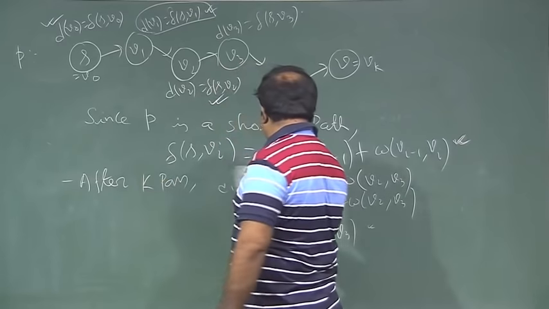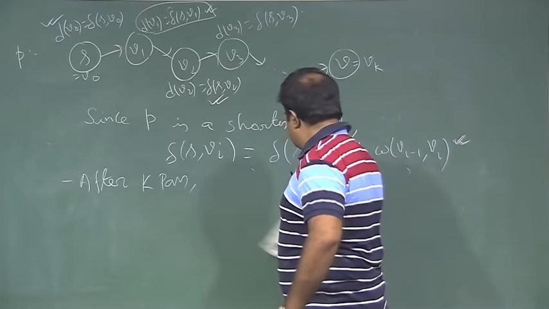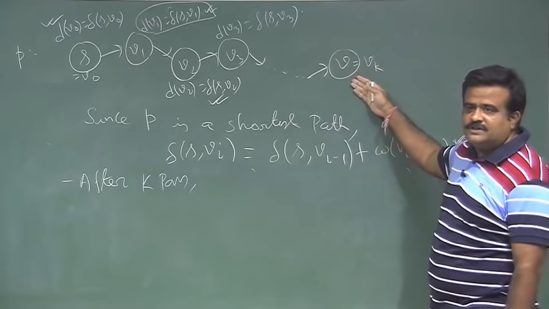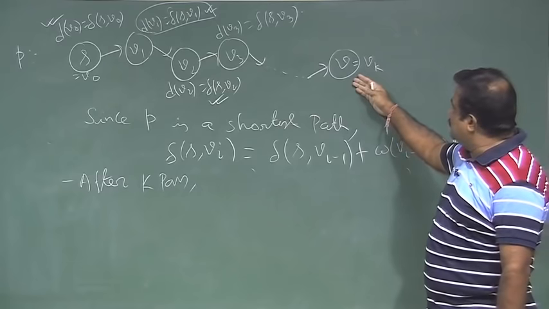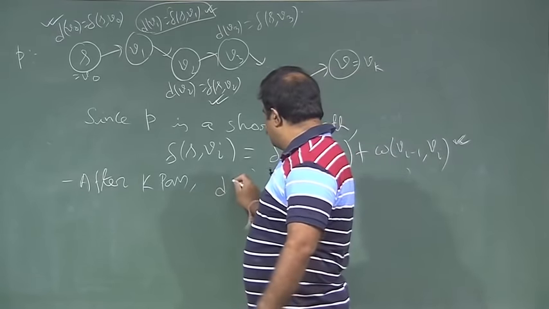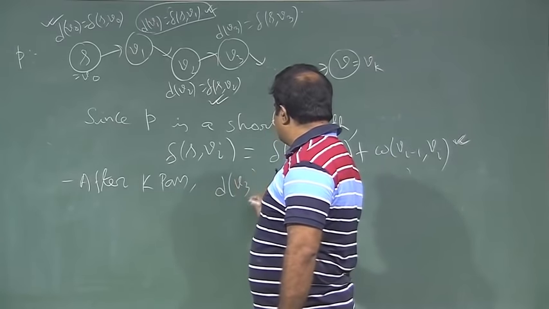This way we will continue, and after the kth pass, what will happen? If this edge is not yet relaxed and has not reached its final value, we have to relax again; it will get relaxed in the kth pass at least.